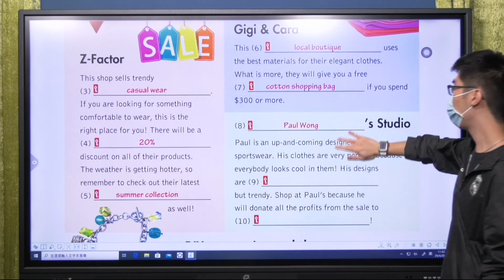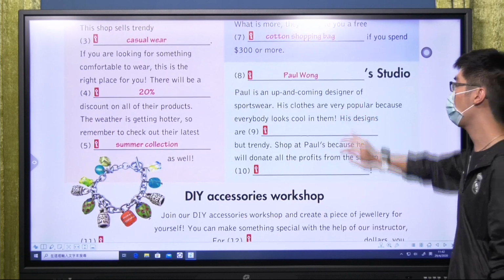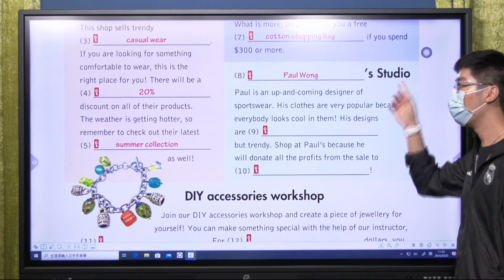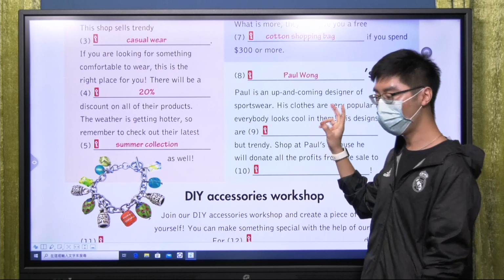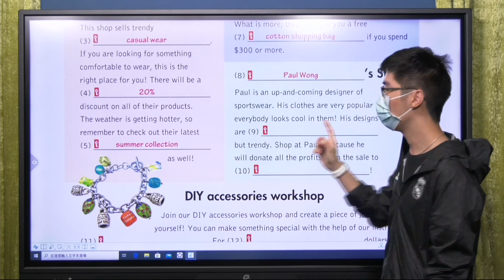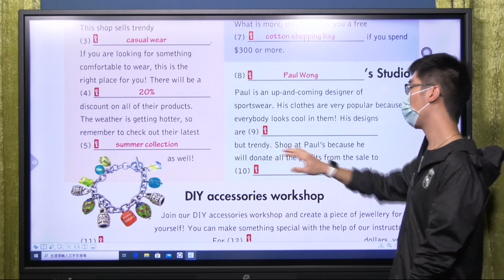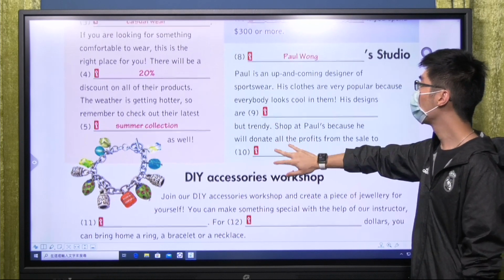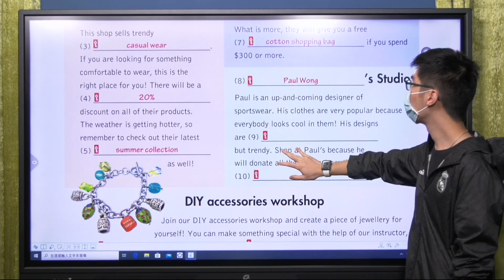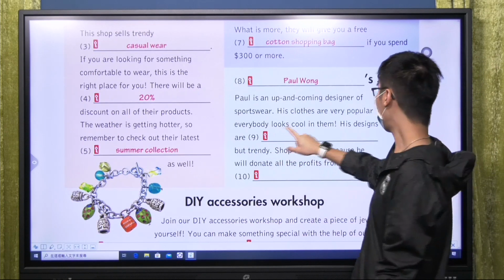Paul Wong Studio. Please write this down carefully as the spelling. Don't mess up your own spelling and the word shown in the data file or the recording, okay? And then what is his design?